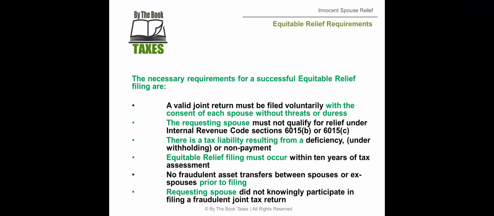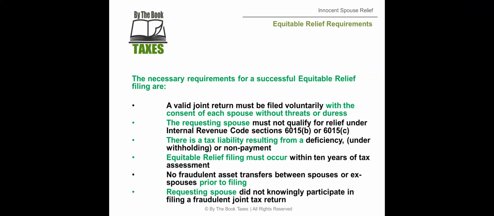Don't do the equitable relief. The third requirement is that there is a tax liability due, either due to under-withholding or lack of payment of tax liability, or non-payment of a balance due after filing.